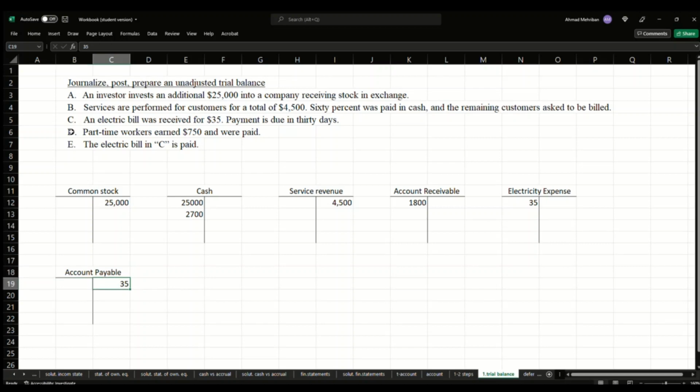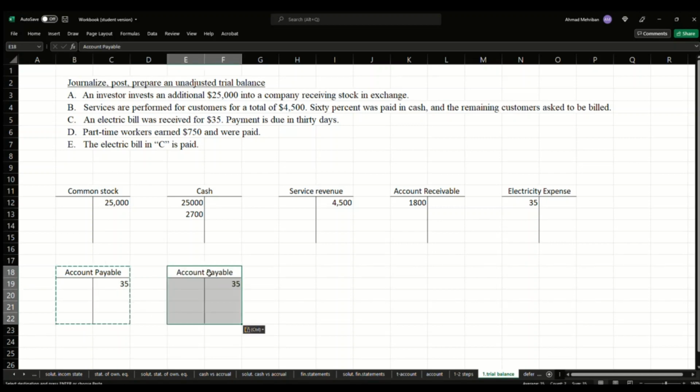Now transaction D: part-time workers earned 750 and were paid. Earned means that they've already worked, the month is over, and I need to pay them. I need extra T accounts. Part-time workers earned their salary, so I need to recognize that the expense has happened. Salary expense is recognized on the debit side, don't forget that.